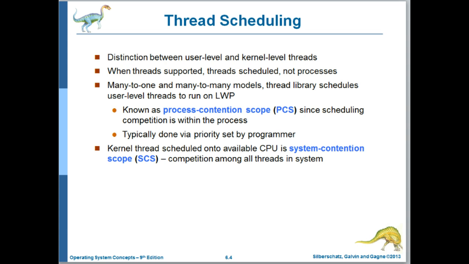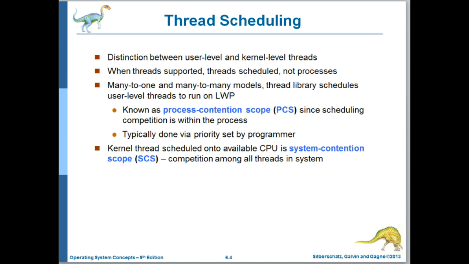The third bullet refers to user level threads that are multiplexed on lightweight processes, which is often an abstraction level between user level threads and kernel level threads.